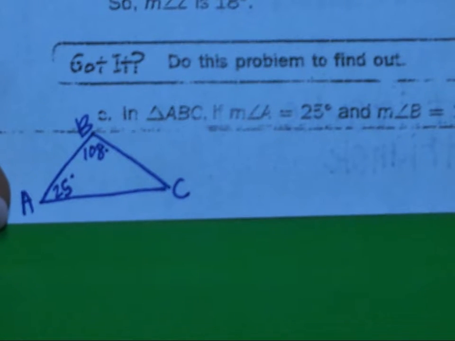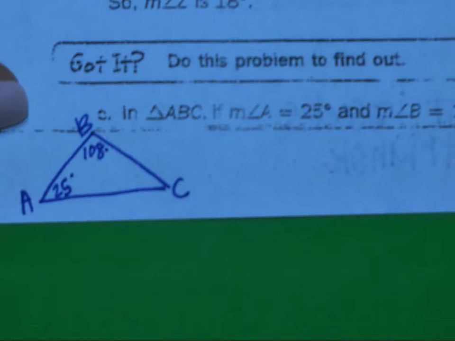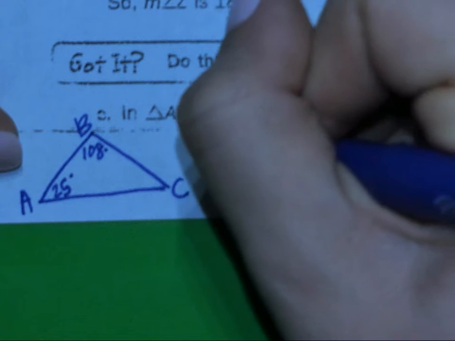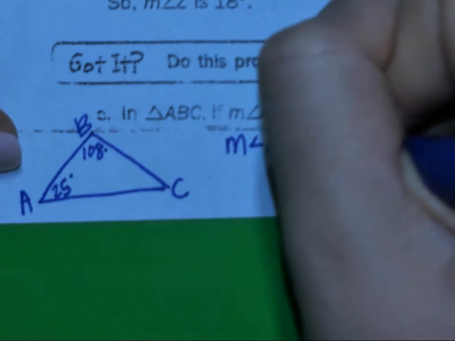So what kind of equation can I write in order to find the measure of angle C? Somebody tell me. Jack. 108 plus 25, and then that equals like... Tell me the actual equation before solving anything. Just tell me the equation. Caleb. Measure of angle C plus 108 plus 25. Good.